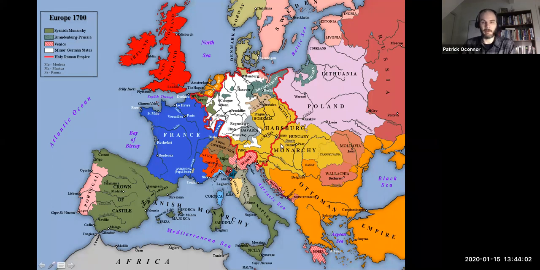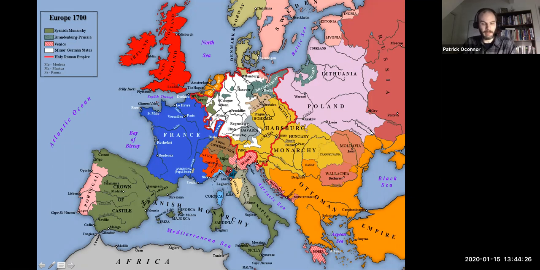We have the Habsburg monarchy, which stretches from the eastern boundaries of contemporary Germany all the way down to contemporary Romania. The Polish-Lithuanian Commonwealth stretches over not only modern-day Poland and Lithuania, but also Latvia and Belarus and down even into modern Ukraine.